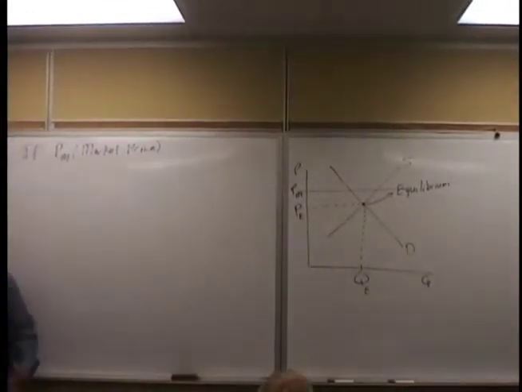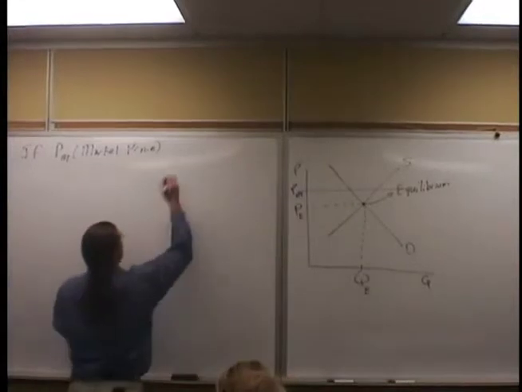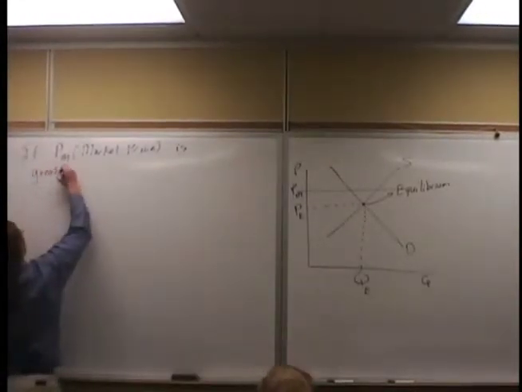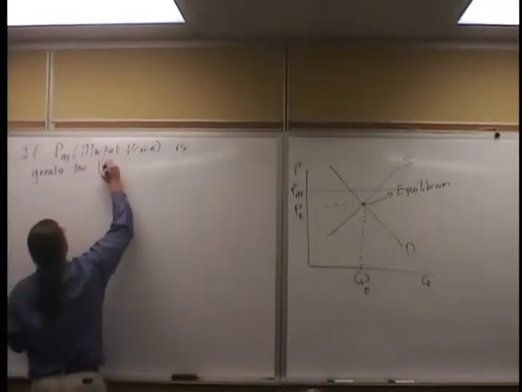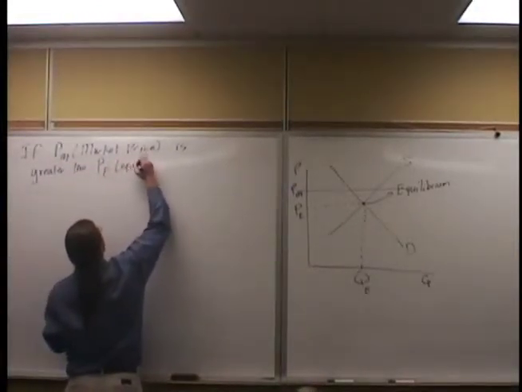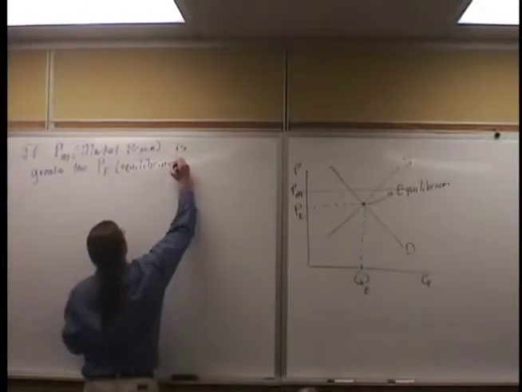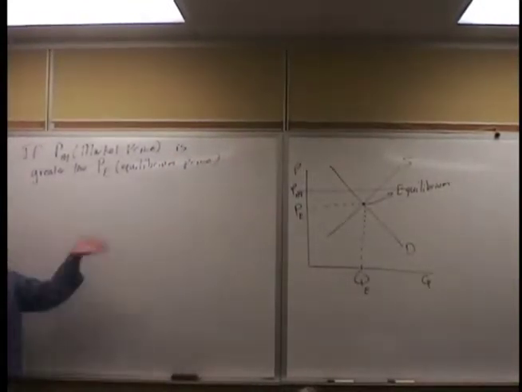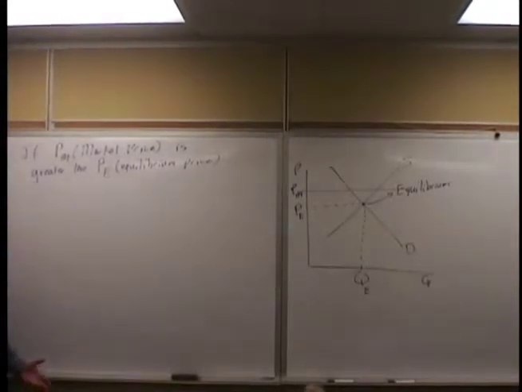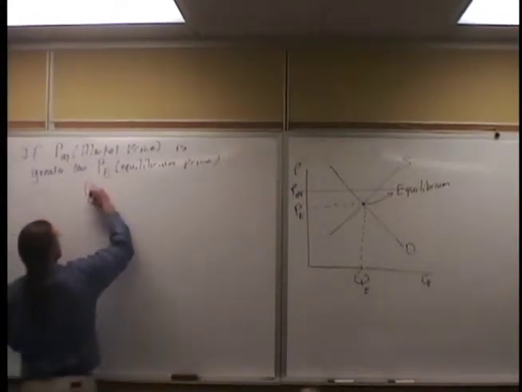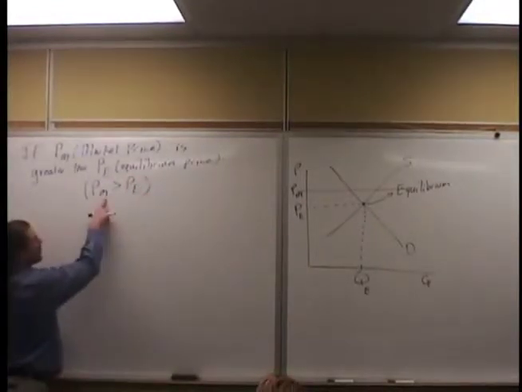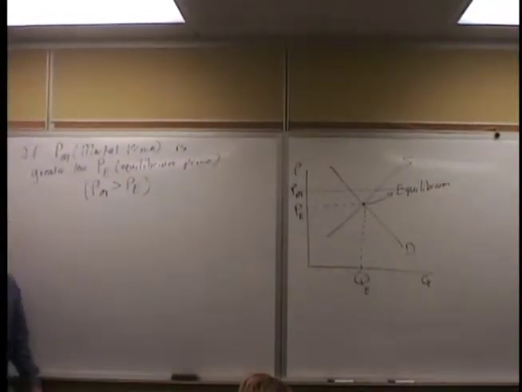If the market price is greater than the equilibrium price. I've written this out in its glorious words to start with. Being a mathematician, I will often just write this as the market price is greater than the equilibrium price. In other words, the price is too high.